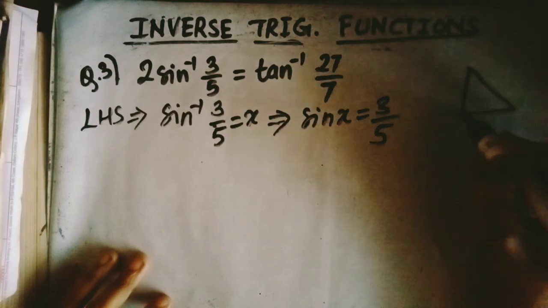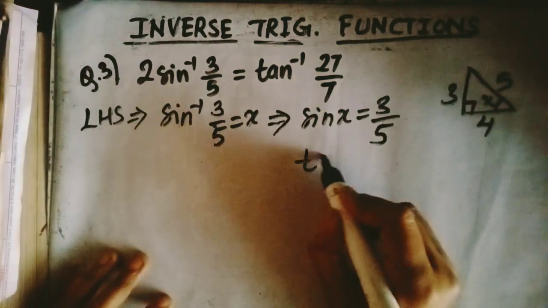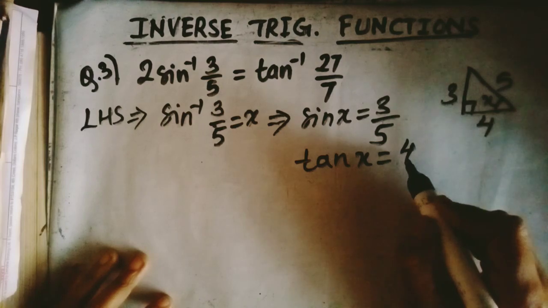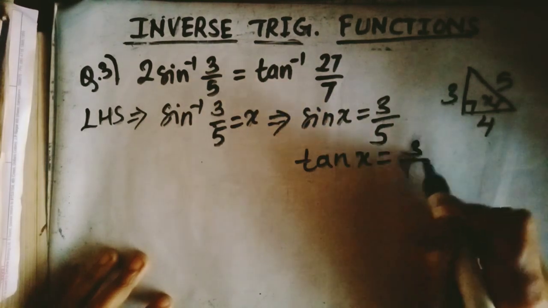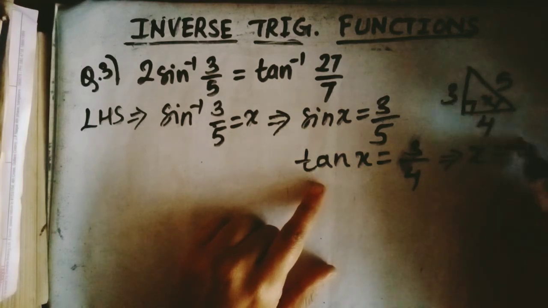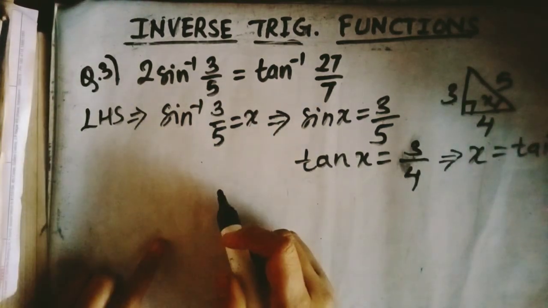Using the triangle method, 3, 5, this will be 4. So our tan of x is opposite upon adjacent, 3 upon 4. So x is tan inverse of 3 by 4.